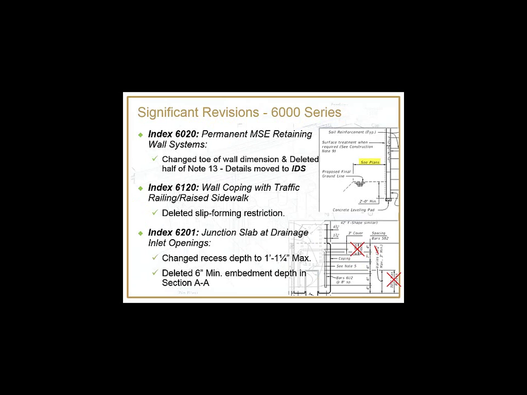On the permanent MSE wall general index sheet, we've removed the toe wall dimension that used to previously be 4 feet. And then there's a 10-foot requirement in the PPM now. So that dimension is actually going to be whatever is in the final plans for the contractor.